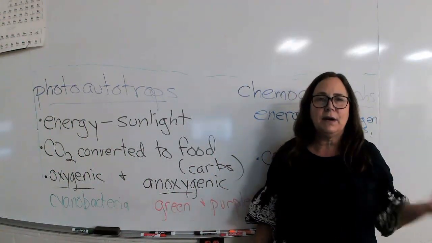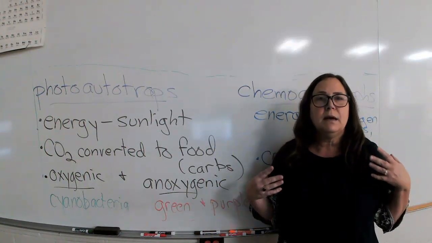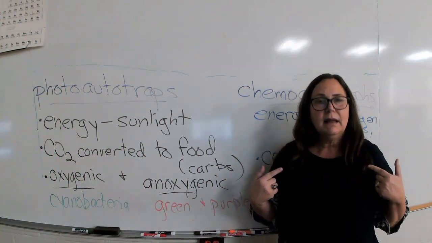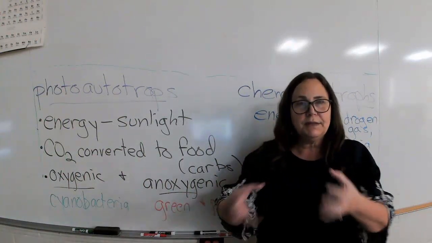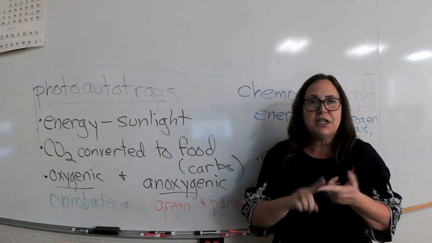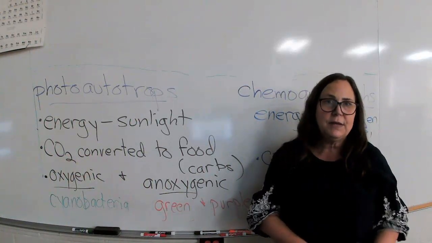So bacteria, there are some photosynthetic bacteria as well. There are some heterotrophic bacteria like humans that consume their food, consume their carbohydrates, so they get energy and their carbon source from the food that they eat.